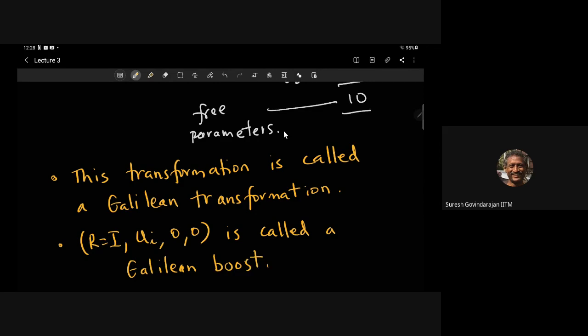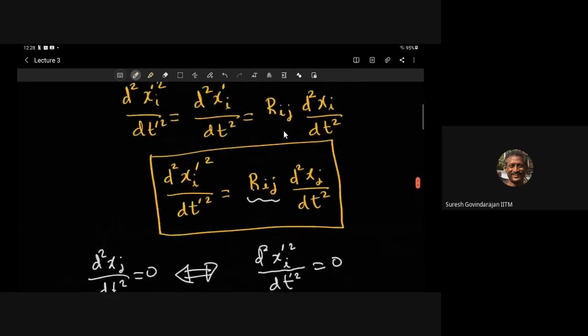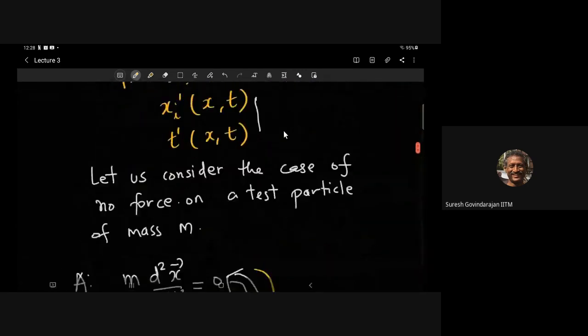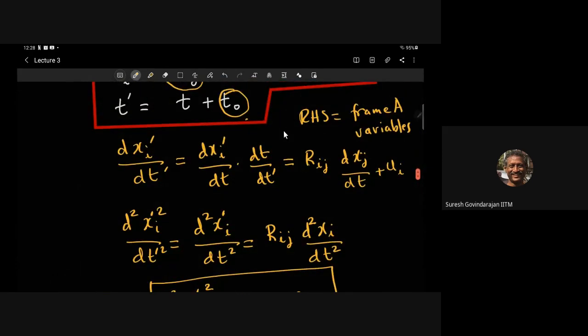Okay, what is a Galilean boost? If you come back and look at this equation, where did I do the derivatives? Yeah, we did the first derivative, right? So Rij is just identity. It just says that the particle at rest in frame A will be moving with velocity ui.